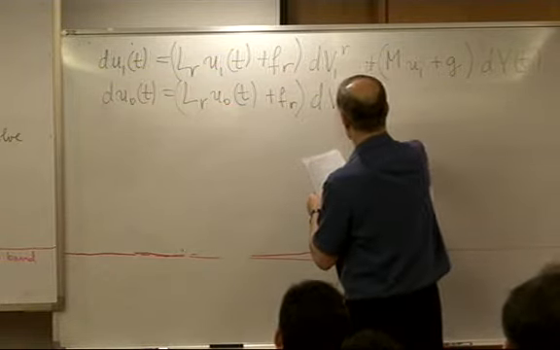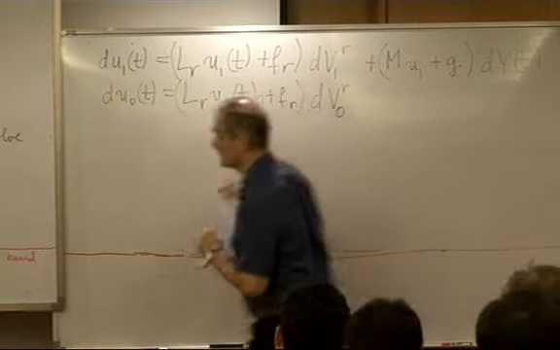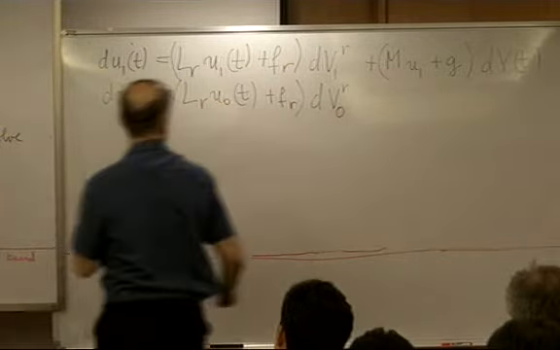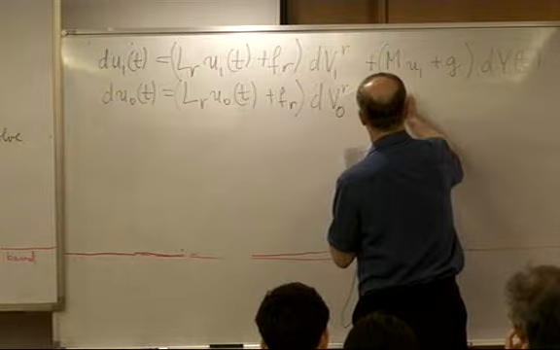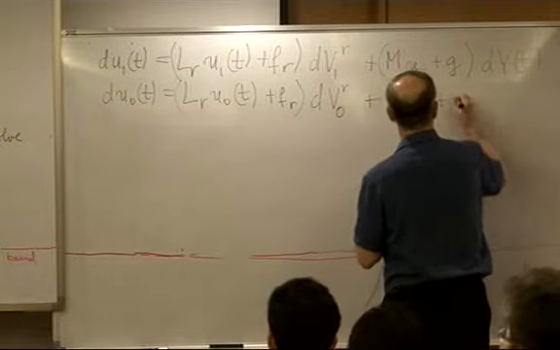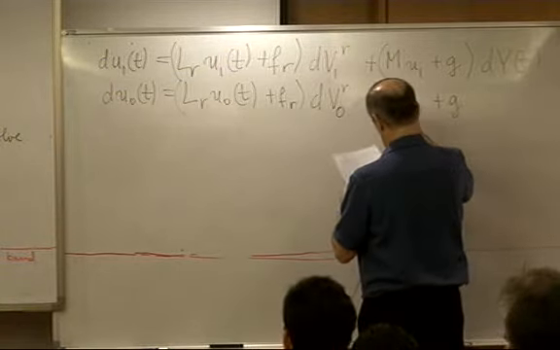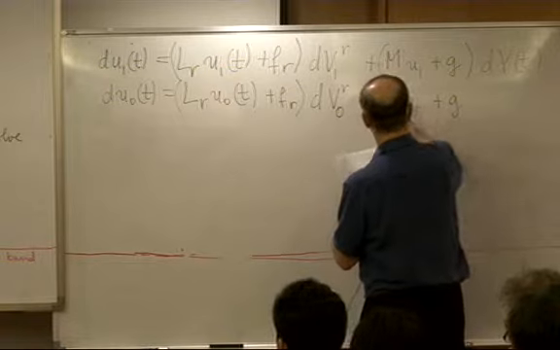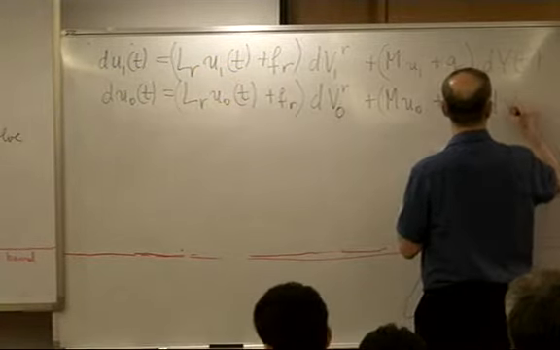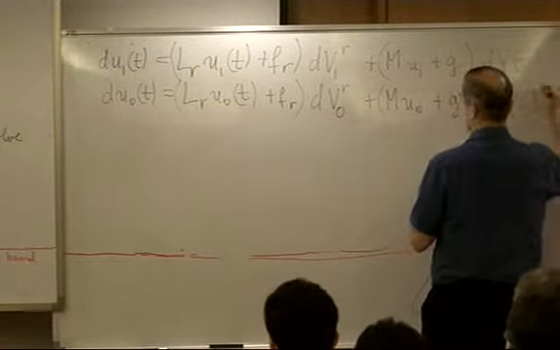not 1 but 0, sorry, this corresponds to that one, so 0 plus the MU0 plus G dYT.